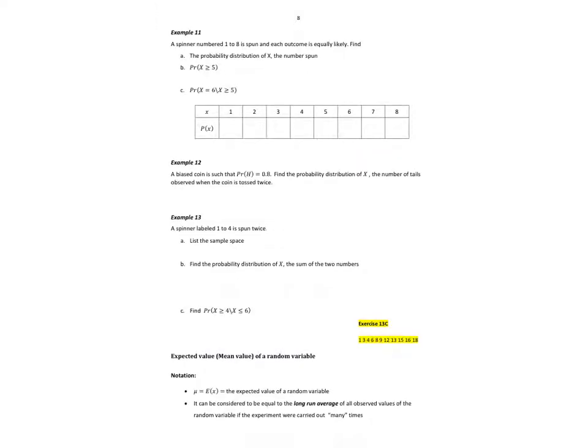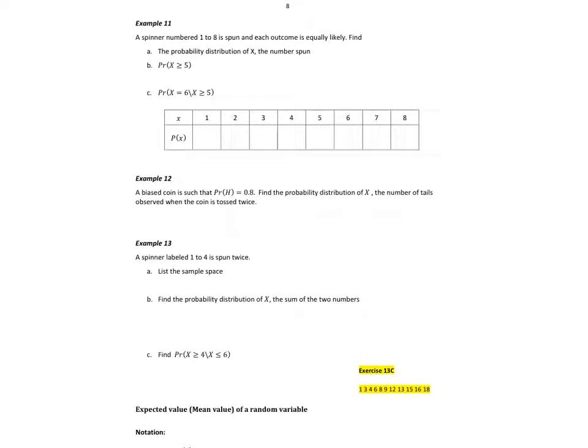What else we got here? All right, towards the end, we've got an example. A spinner numbered 1 to 8 is spun, and each outcome is equally likely. First, find the probability distribution. So in this case, clearly we've got our spinner with 8 different sections, so the probability of any one of them is 1/8.